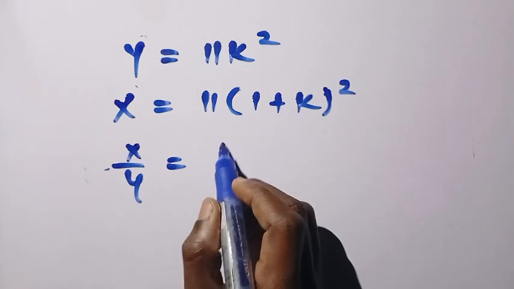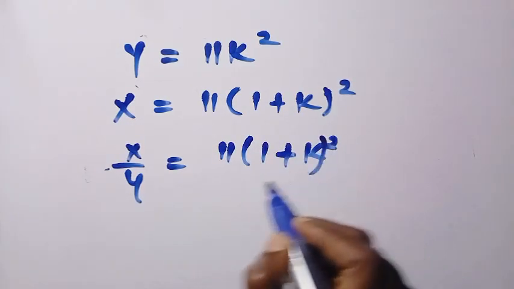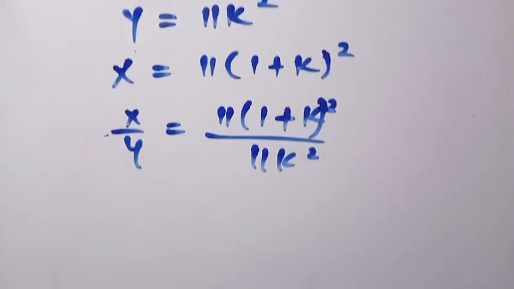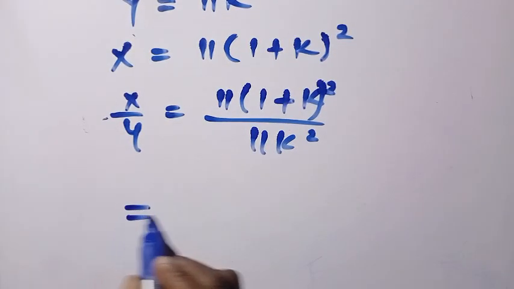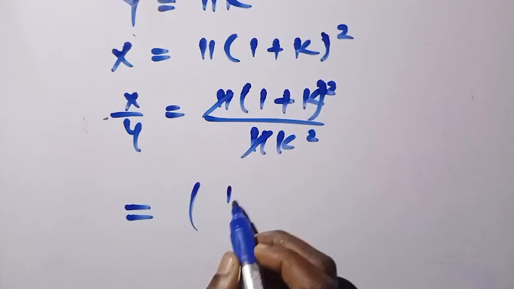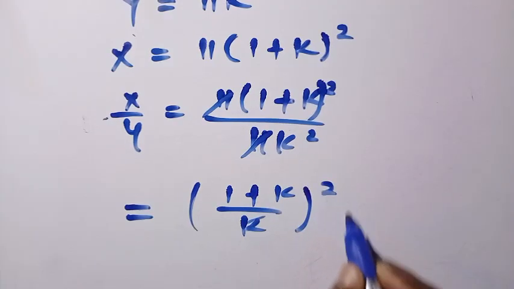So we have 11 into bracket of 1 plus k squared divided by 11k squared. Then 11 cancels 11, and we have 1 plus k divided by k, all raised to the power of 2.